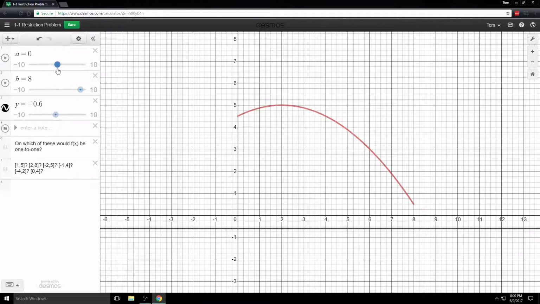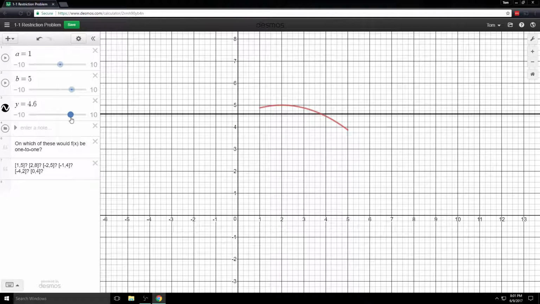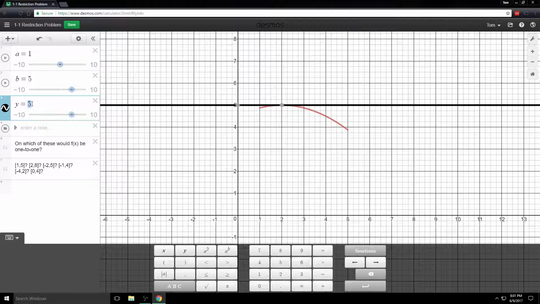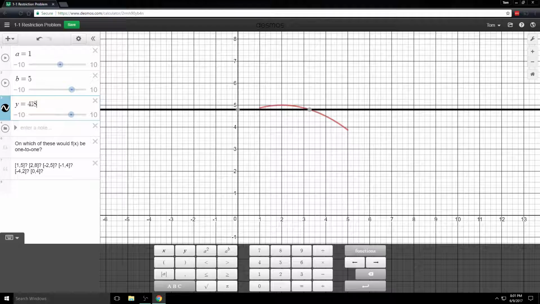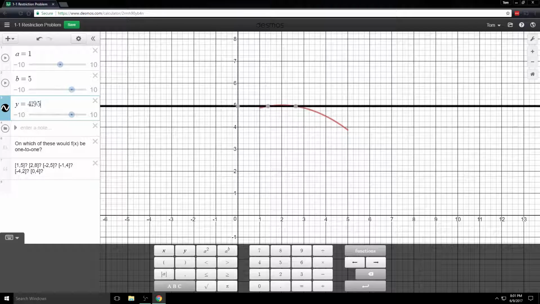I'm just going to look at this piece from 1 to 5 and then ask myself, okay, would that graph pass the horizontal line test? And the answer on that would be no, although it's really hard to get in there, and I don't really want to zoom in too much. We really have to kind of get close to 5 in order for that to fail.